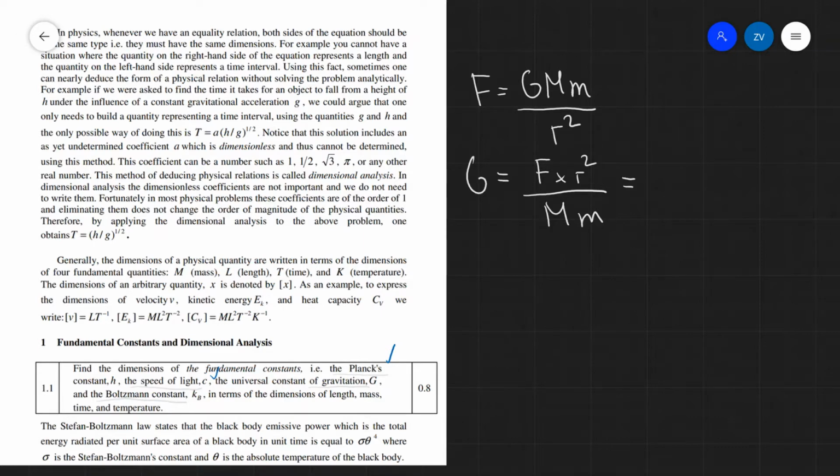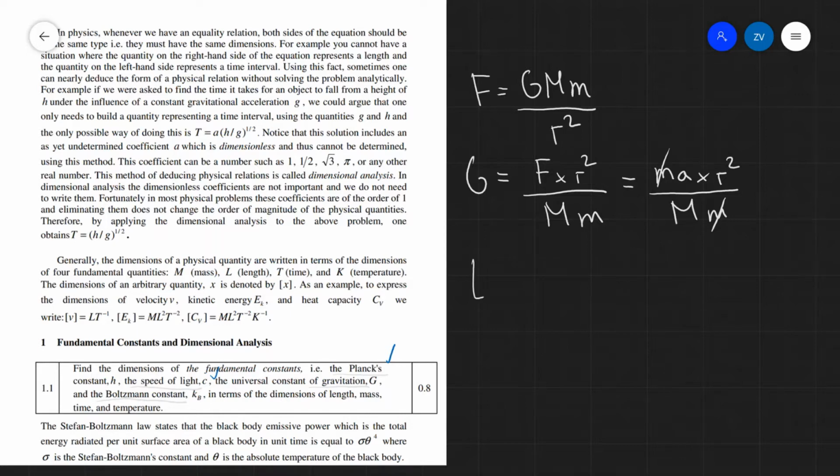Now, because this force here, assuming that's the only force acting on that object, is going to be equal to m a times r squared divided by the product of the two masses, we're going to cancel out one of those masses, and now we're ready to find the dimensions of G.